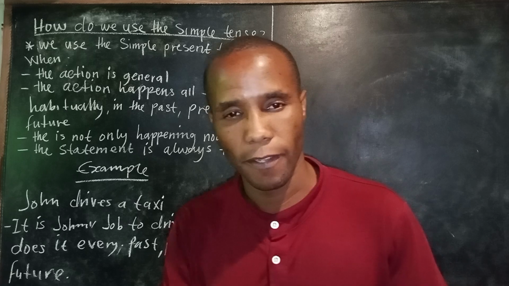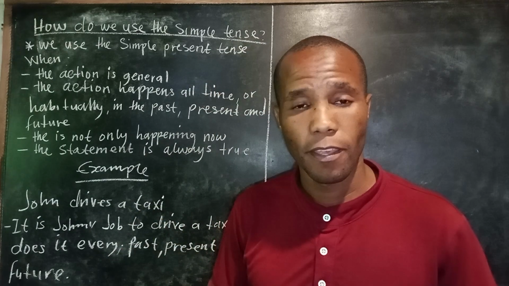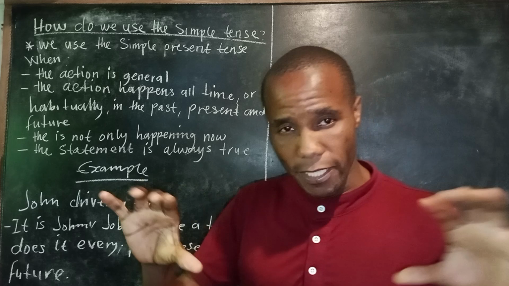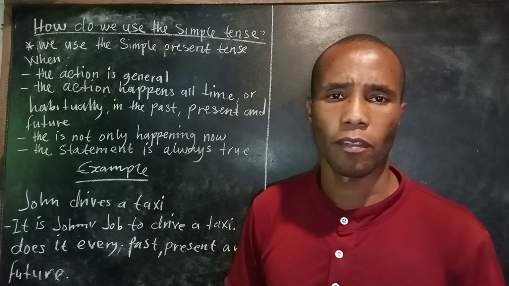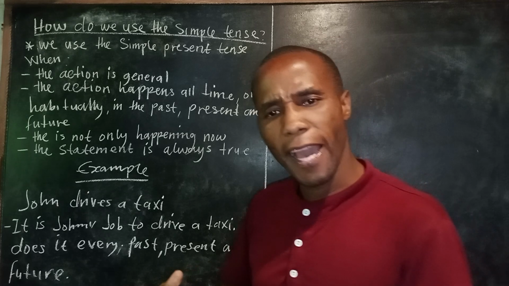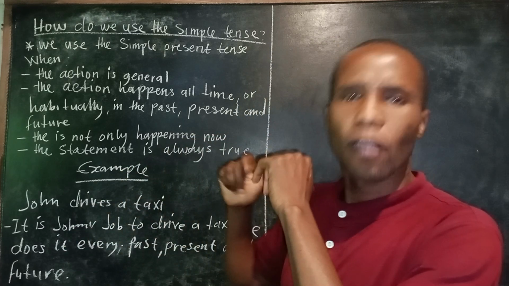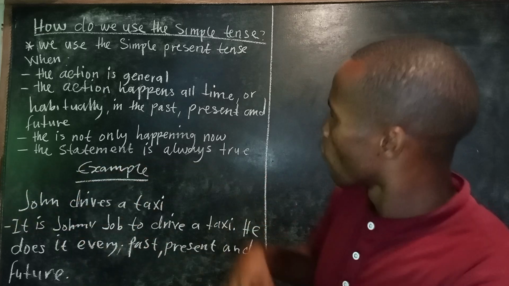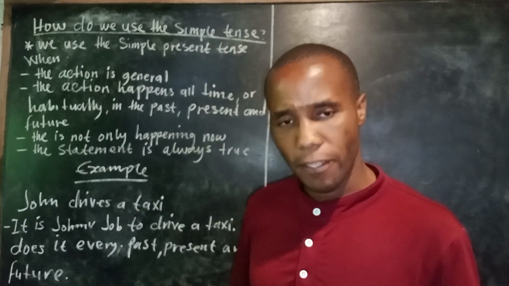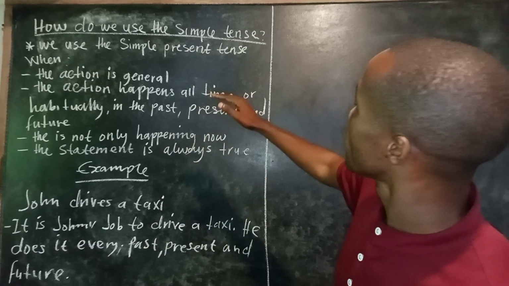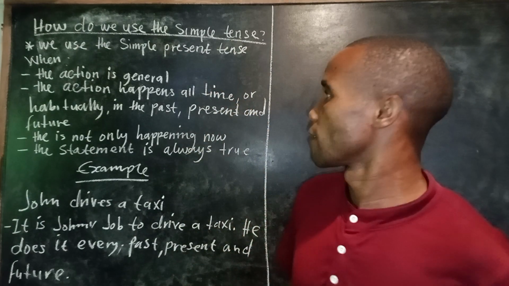What does that mean? So you can only use that tense if that action happens every time. Okay, whether in a present tense, past tense, or future tense, as long as that particular action happens every time, then you can use the present simple tense or simple present tense.